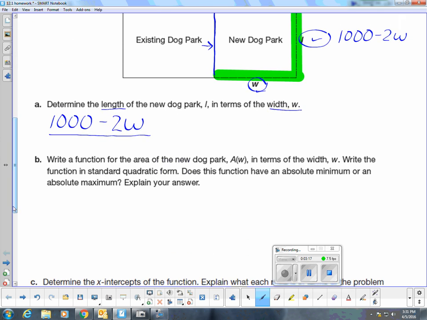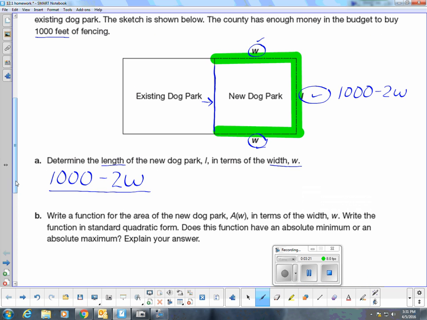So if we want to write a function for the area of the new dog park, what I'm trying to find is this entire area inside here. And what I remember about finding the area of a rectangle is I need to multiply one side of the rectangle by the other side of the rectangle.